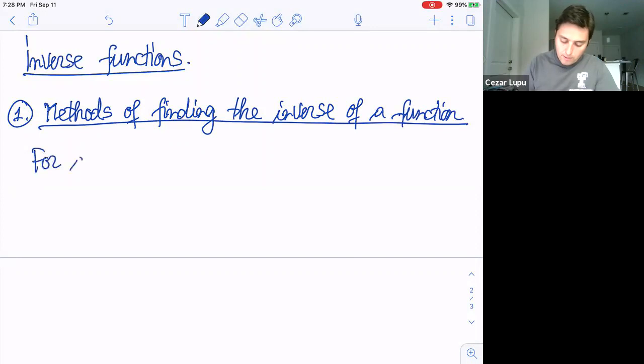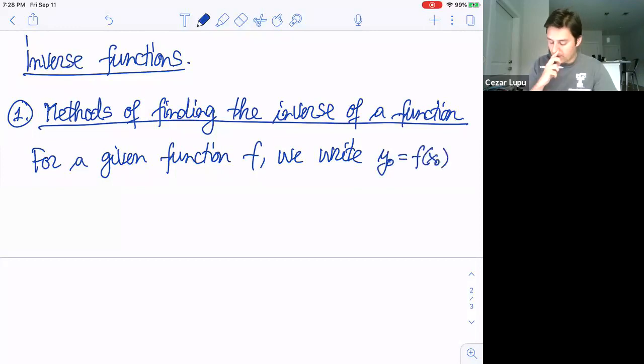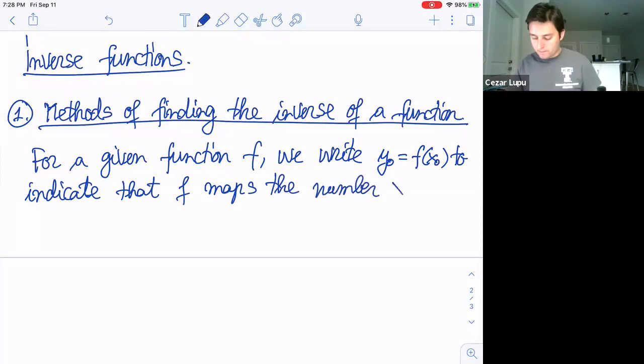Well, for a given function f, we write, let's say, y naught will be the value of f of x naught, to indicate that f maps the number x naught, right?